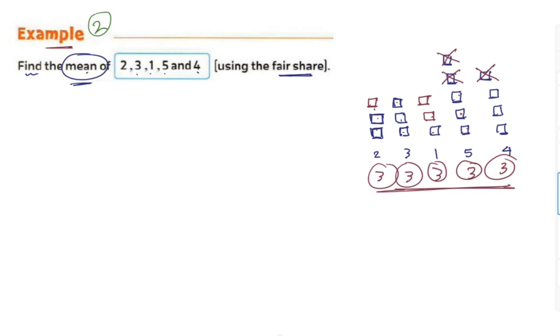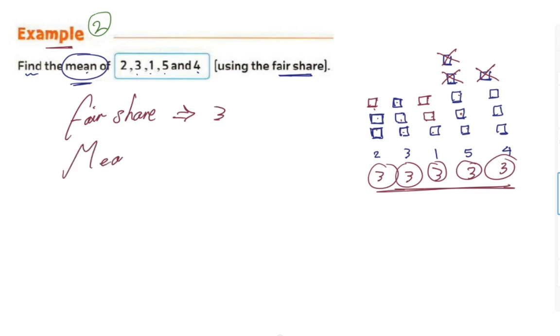So 3 is the mean of these values. That's easy? Yes, that's easy. Now, you got the fair share, the amount or value equally distributed, which is 3. And it's the way to find the mean.